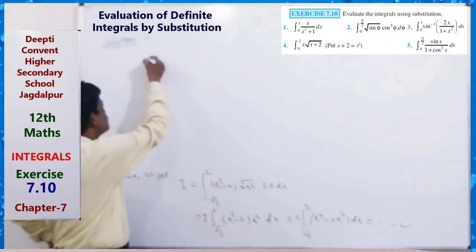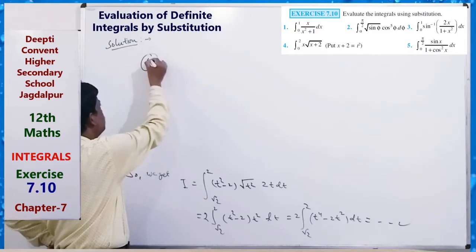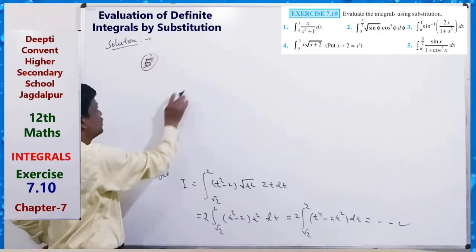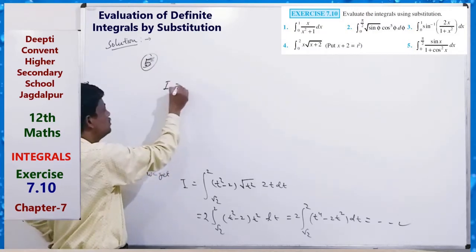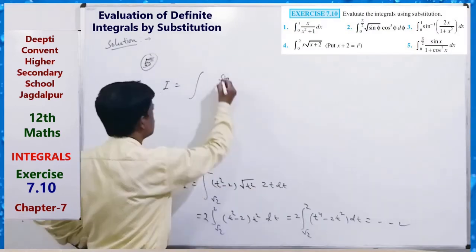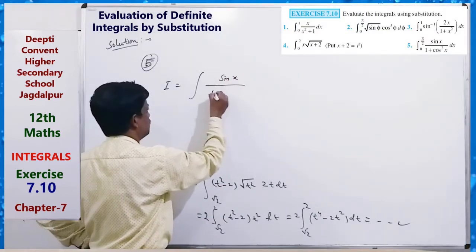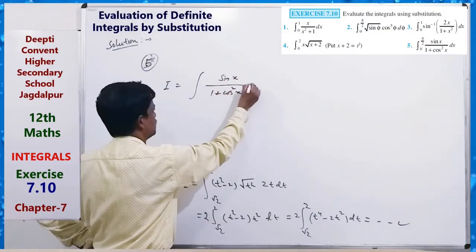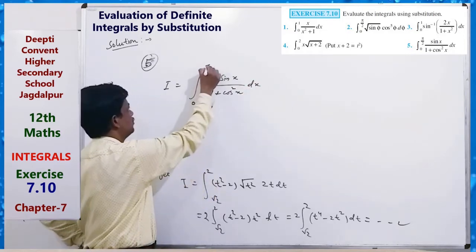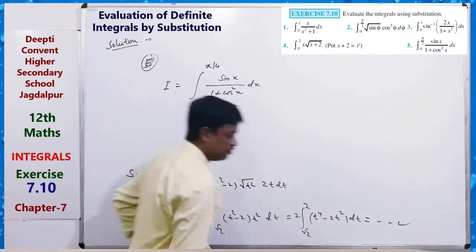Here question 5: I equals the integral of sin x upon 1 plus cos square x dx, and the limit is 0 to pi by 2.